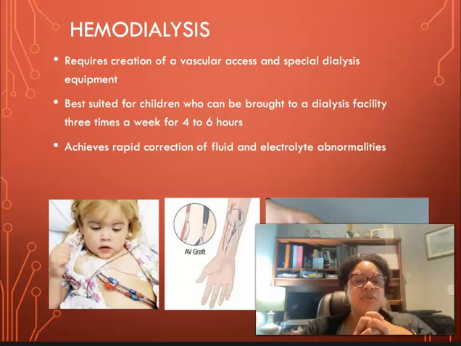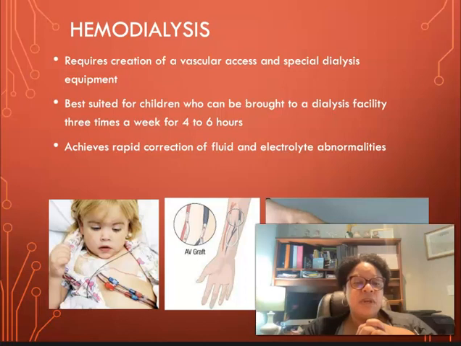It's best suited for children who can be brought to a dialysis facility 3 to 4 times a week, because it's a long time. They have to be there 4 to 6 hours. This is great because it achieves rapid correction of fluid and electrolyte abnormalities, versus peritoneal dialysis. It takes some time to make those corrections.